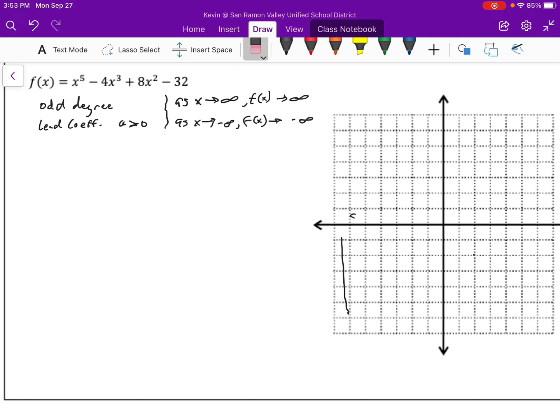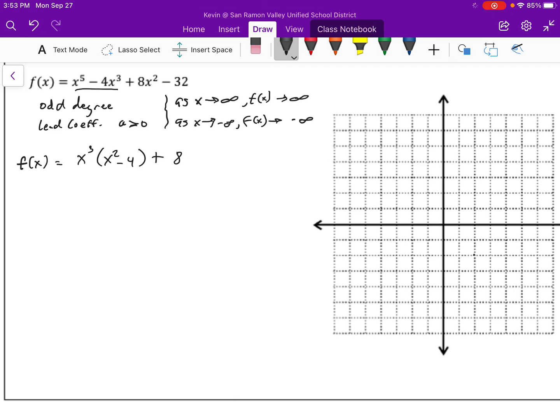Okay, but now we need to factor, and in this case this equation is not the easiest to factor. Best way to do it is by grouping. So f of x equals x cubed times x squared minus 4. So that's this first group right here.